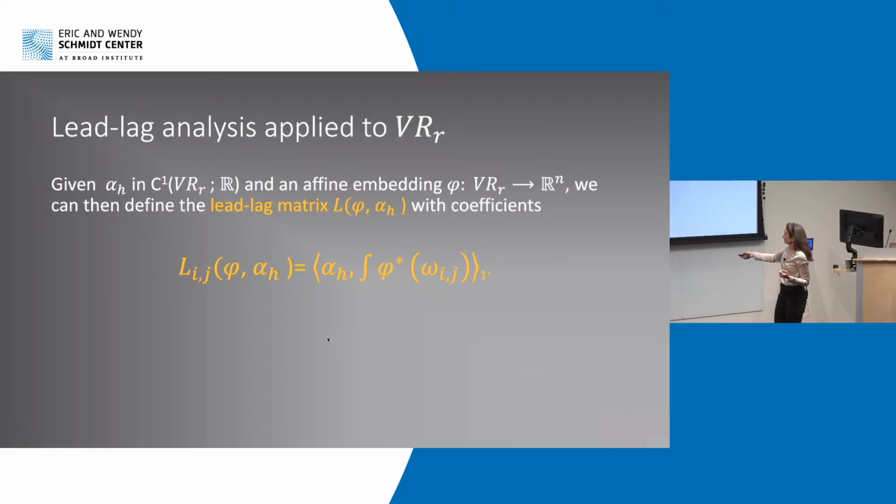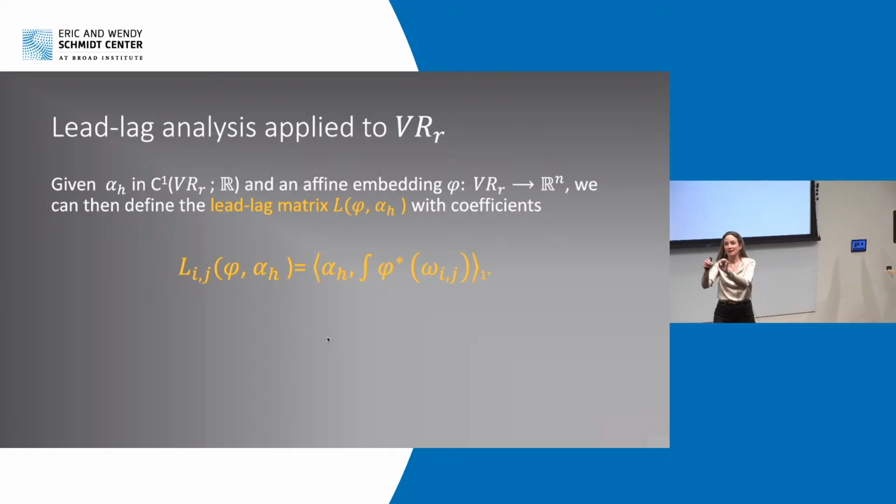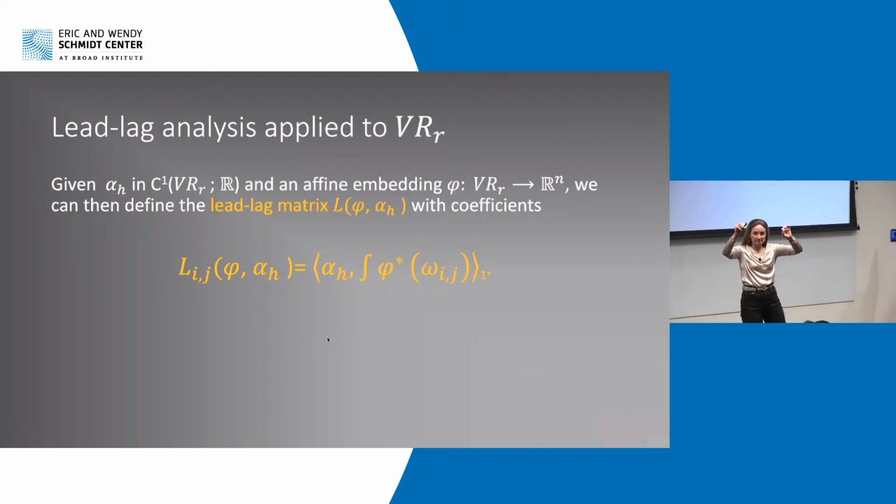So if I think about what this is computing, for every i and j, it's computing the area of the parallelogram that's determined by, so if I have an edge from a vertex to a vertex, and it's mapped by this affine embedding into Rn, each endpoint of the edge is mapped to a vector in Rn.